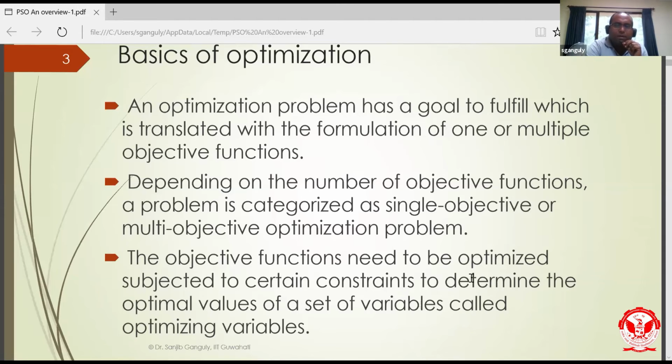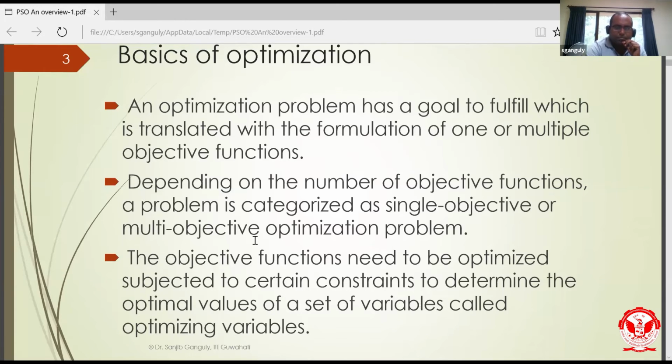Because our goal is to find a set of optimal values for a certain number of unknown variables, which are called optimizing variables. Sometimes in some books you will find that instead of optimization variables, these are called control variables. Now, depending upon the number of objective functions, we categorize the optimization problem into a single objective optimization problem or a multiple objective optimization problem.